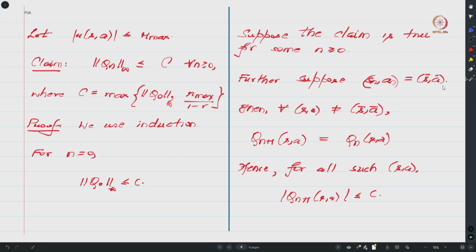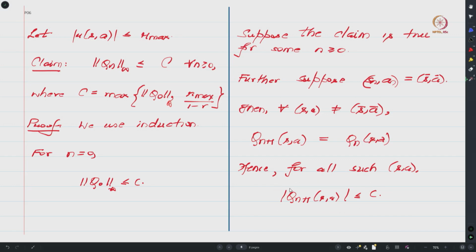So more formally, because (Sn, An) is (s bar, a bar), for every (s,a) which is not equal to (s bar, a bar), we have that Qn plus 1 (s,a) equals Qn (s,a), and hence for all such (s,a), the absolute value of Qn plus 1 (s,a) will be equal to the absolute value of Qn (s,a), and we already know that the claim is true for n, and hence the L infinity norm of Qn is upper bounded by C, which implies that the absolute value of Qn plus 1 (s,a) is less than or equal to C.